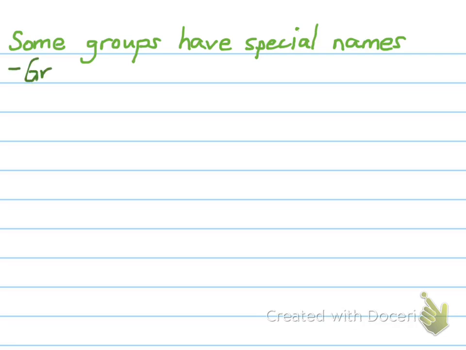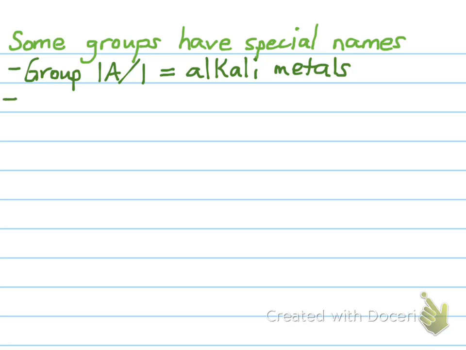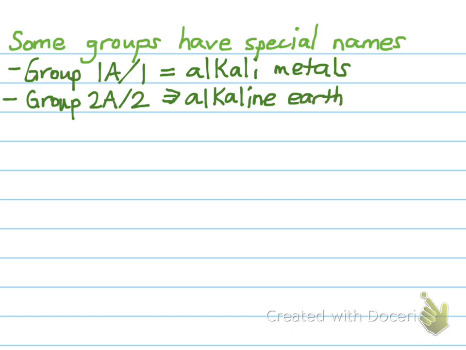So group 1A or 1, depending upon whether your periodic table is numbered with a number and a letter or just a number. These are called the alkali metals. Group 2A or 2 are called the alkaline earth metals.